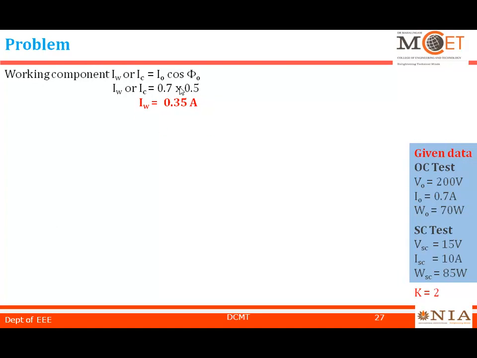This is your working component. Next is your magnetizing component I mu, which is I0 sin theta naught. I0 is 0.7 and sin theta naught is equal to 0.866. So you get the I mu value as 0.606 amperes. These are your no load working component and magnetizing component.